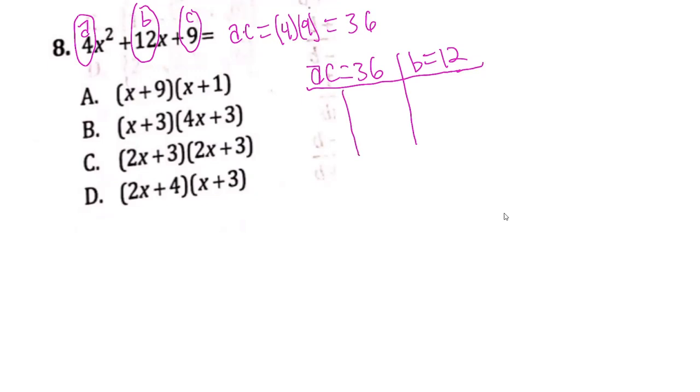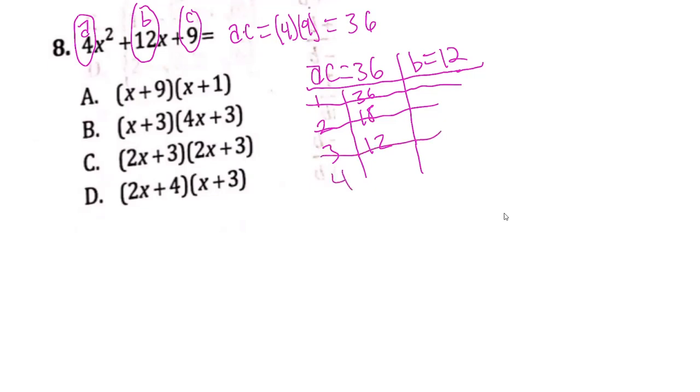Okay, so I start with number 1. 1 times 36, right? It's not 12. I go with 2. 2 times 18 is 36, which is not 12. Do 3. 3 times 12 is 36, but it is not 12.